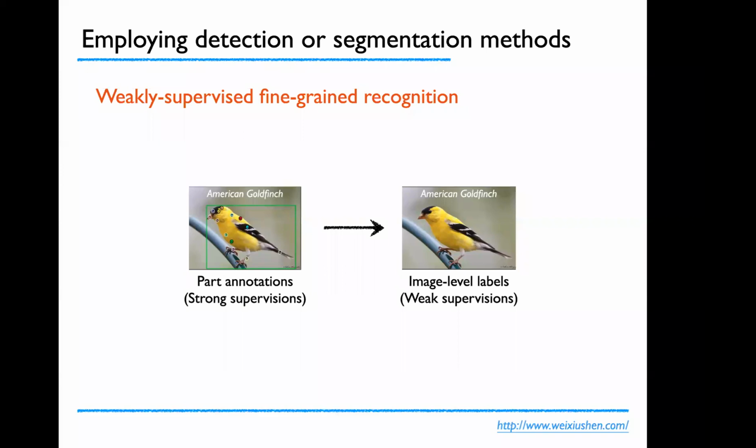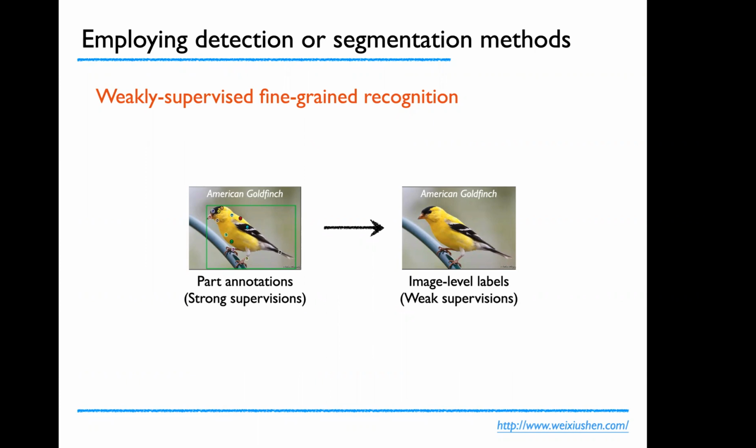However, employing the traditional detectors or segmentation models requires dense part annotations for training. It is labor intensive and would limit both scalability and practicality of real world fine-grained applications. So it is desirable to accurately locate fine-grained parts by only using image level labels.